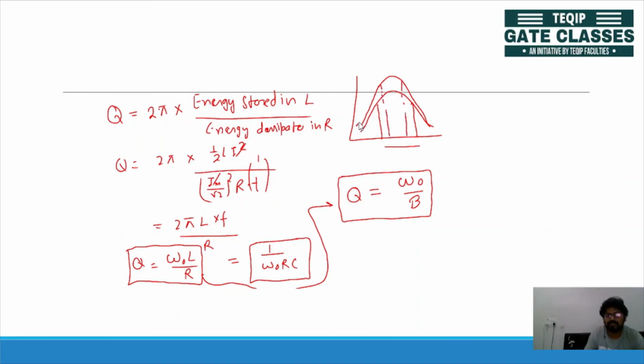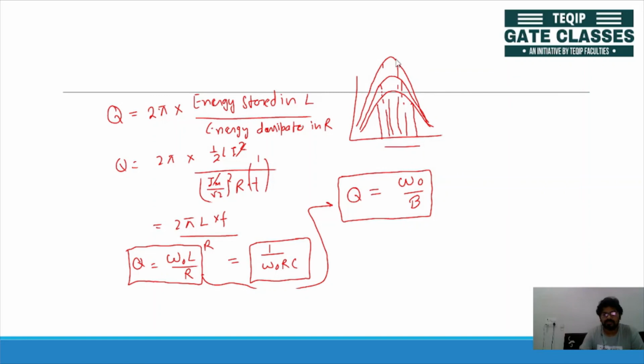If your circuit is more selective, quality factor will be high and your bandwidth will be less.